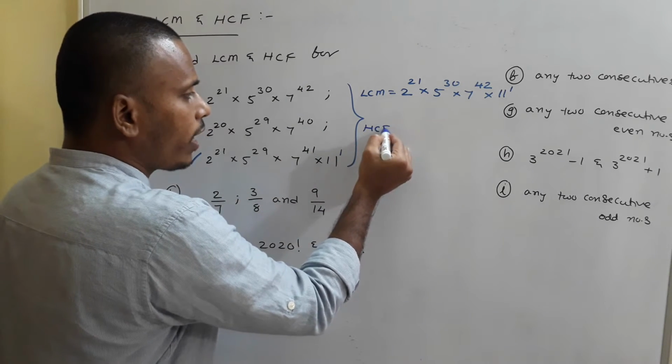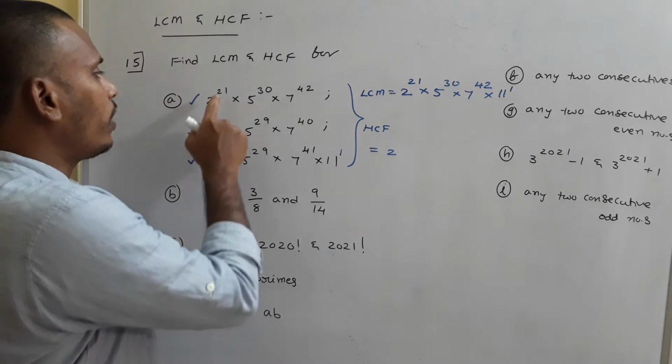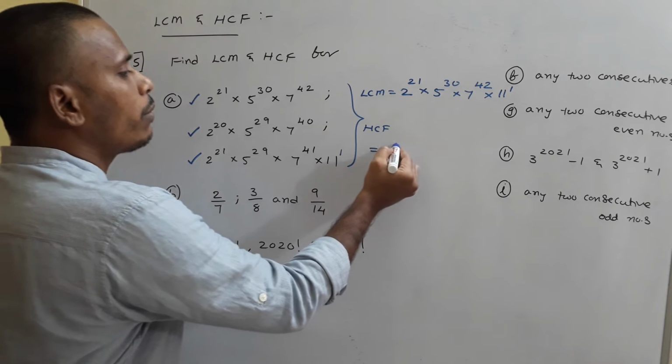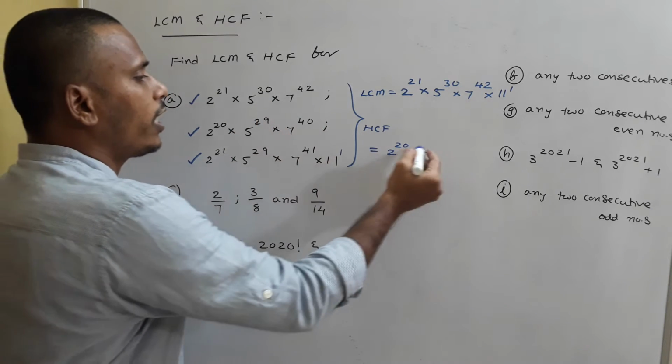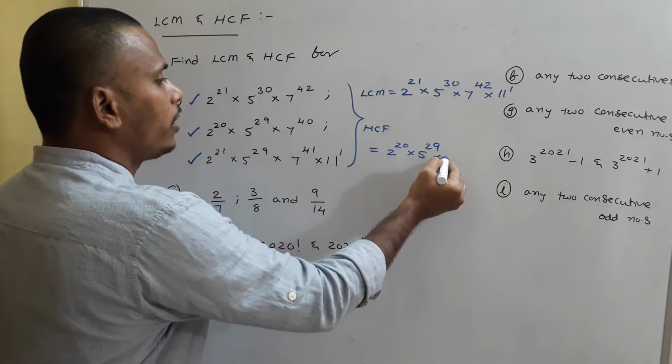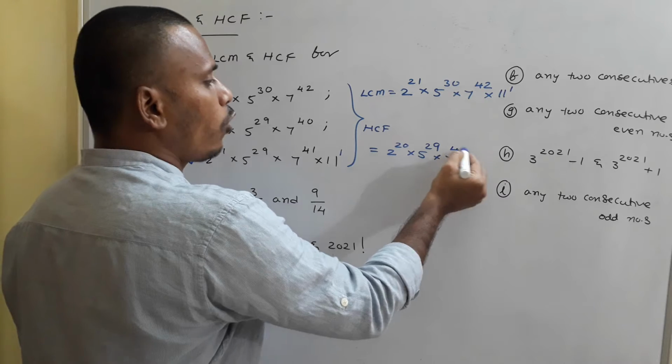Whereas if you wish to find HCF, we need to take the minimum power. For 2 power 21, 20, 21, the minimum value is 20. For 5 power 30, 29, 29, the minimum value is 29. For 7 power 42, 40, 41, the minimum value is 40.